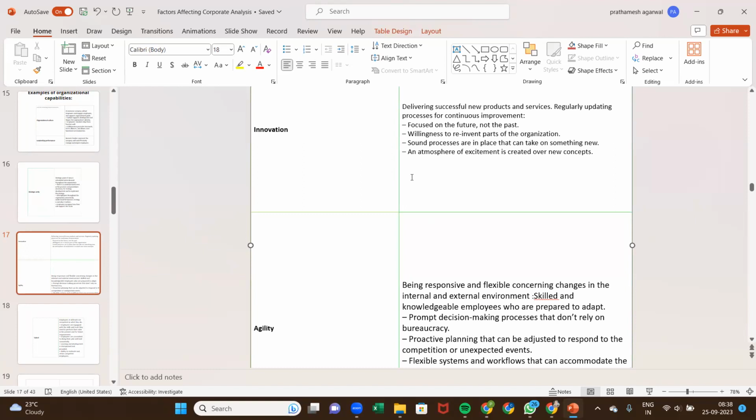Skilled and knowledgeable employees who are prepared to adapt, right? We need to adapt to a change.